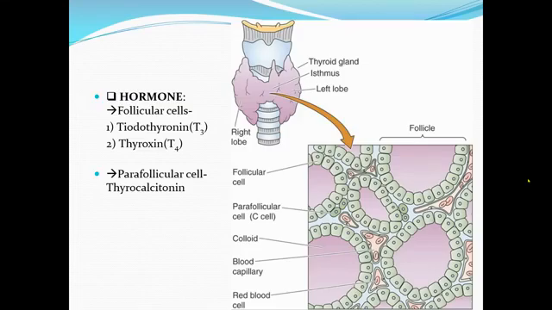It can store its hormones. That is the difference from other endocrine glands. The thyroid gland can store its hormones and release them as and when required, according to requirements, into the blood.